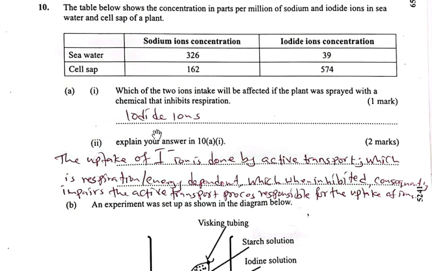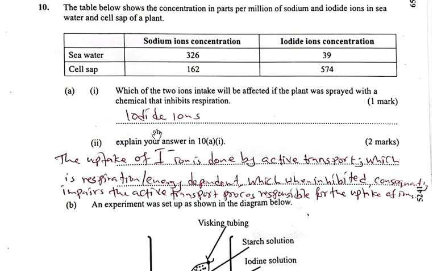And when you spray a chemical that inhibits respiration, it means iodide ions uptake will be affected. It means the ion which will be affected is iodide ions, because it is absorbed by active transport, which gets energy from respiration. Explain your answer.